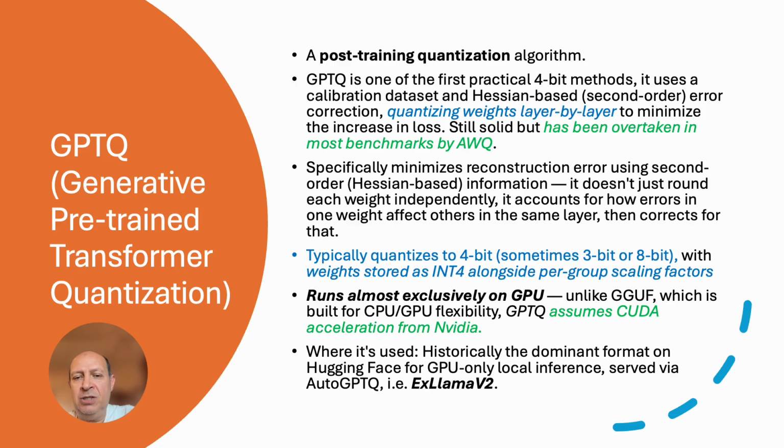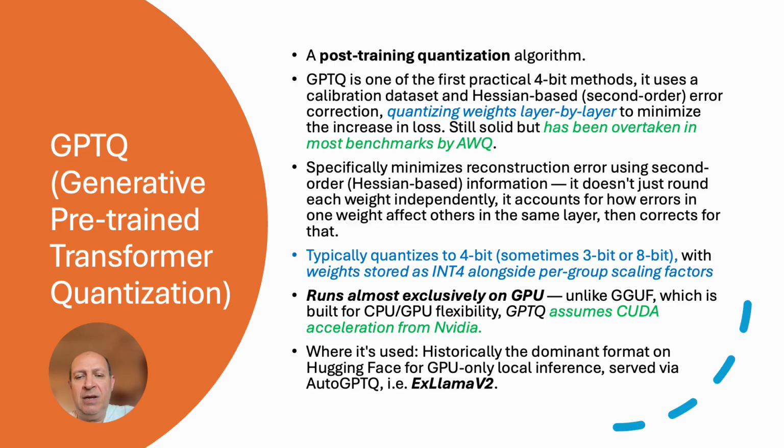It uses a calibration data set, and it quantizes the weights or the real numbers layer by layer to minimize the increase in loss. It's still solid, but has been replaced by newer or modern quantization methods such as AWQ.